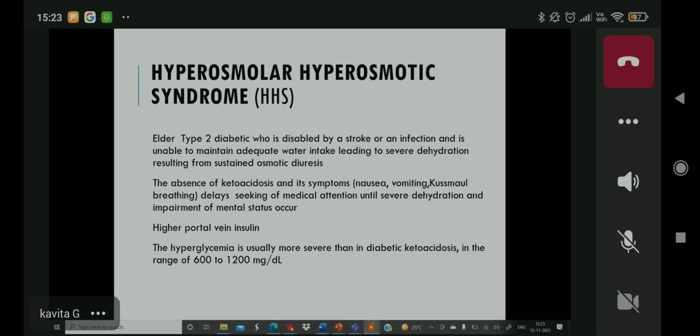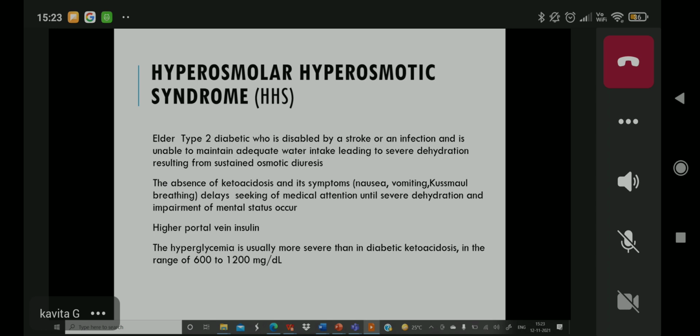Now, this is the other clinical setting, that is HHS. So you have a 70-year-old gentleman who has come to you, is a diabetic, left alone by the children, with the typical clinical history: not looking after himself, disabled by stroke, has an infection, and is unable to maintain adequate water intake.